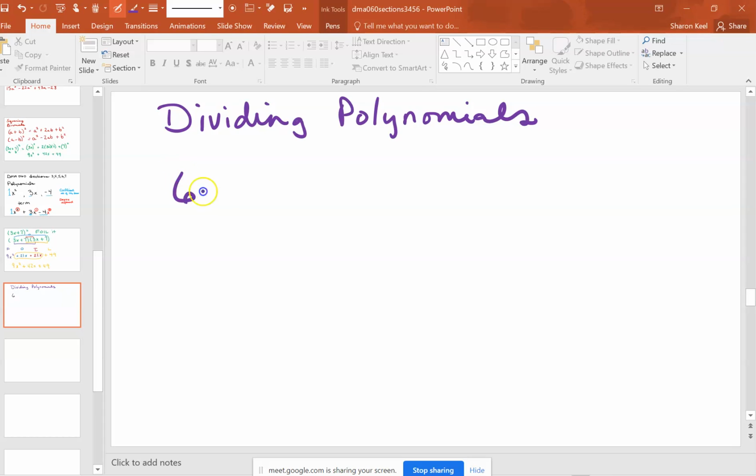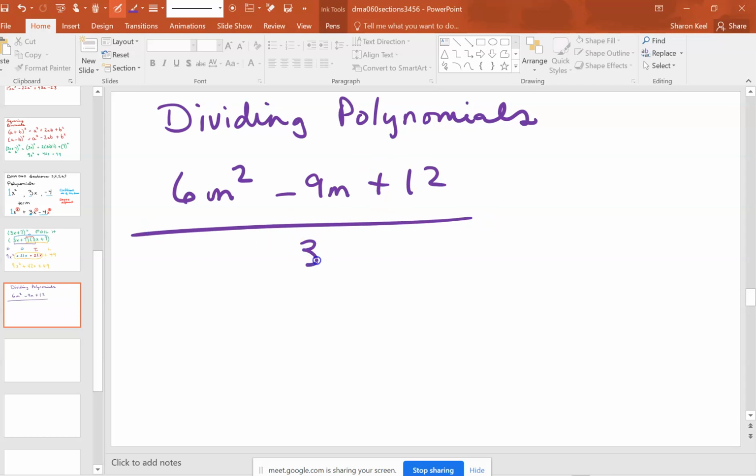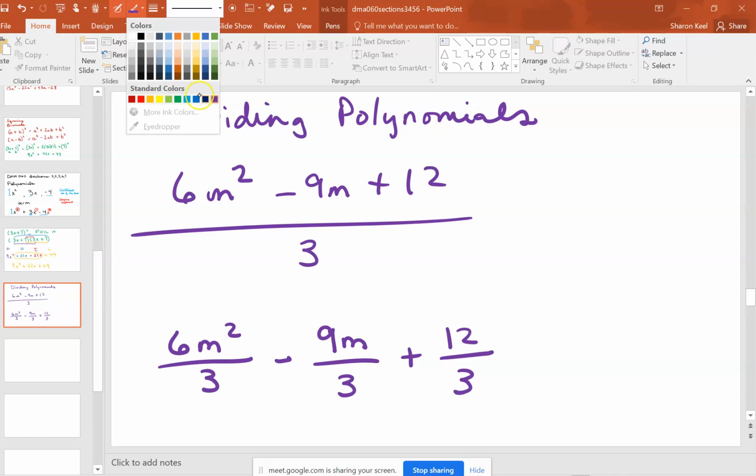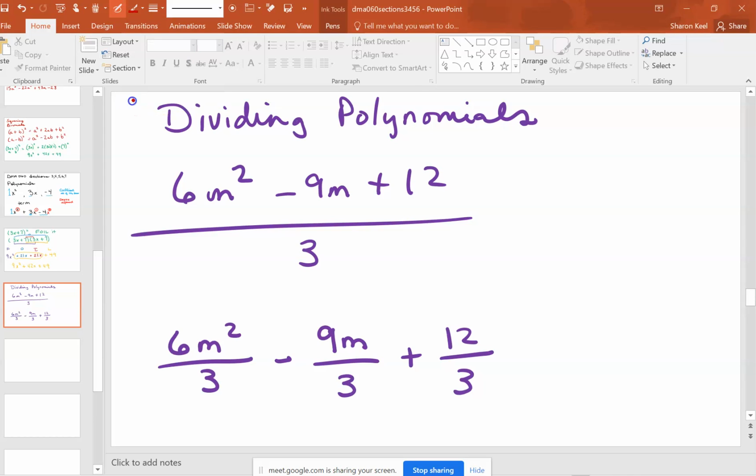Question 1, we have 6m squared minus 9m plus 12. They write it over 3. I don't like to leave mine written that way. The way I do it would be 6m squared over 3 minus 9m over 3 plus 12 over 3. I like to write it that way so I can mark on each problem and then simplify.